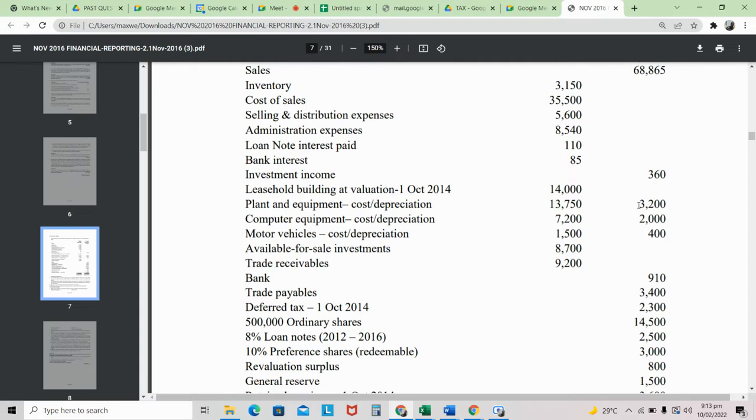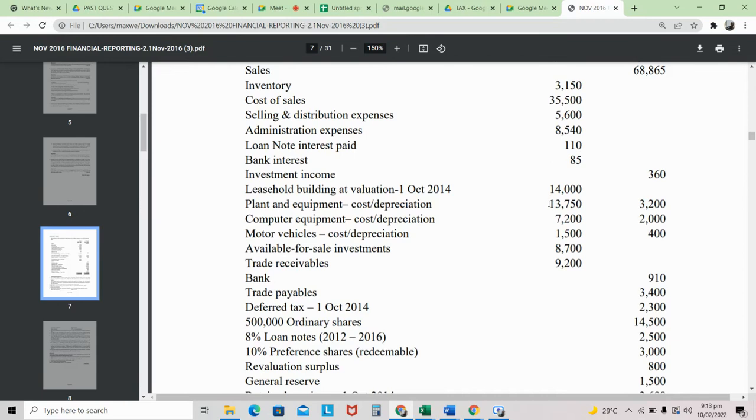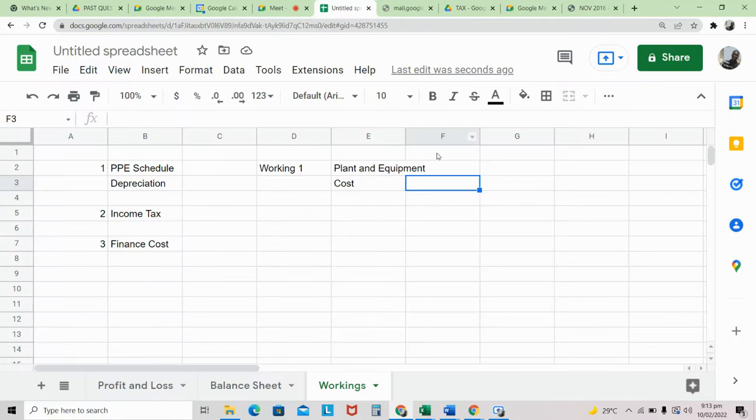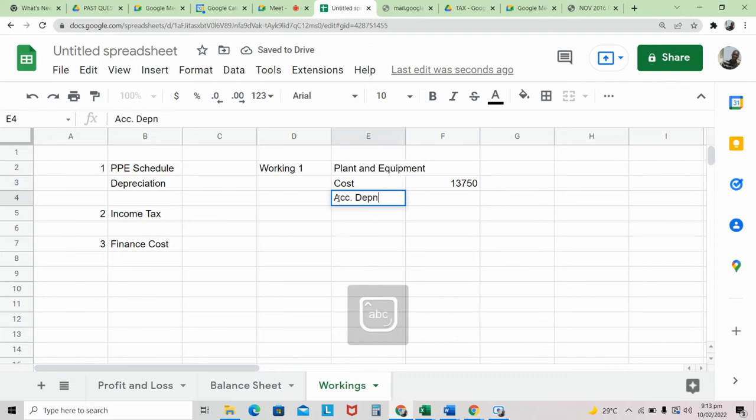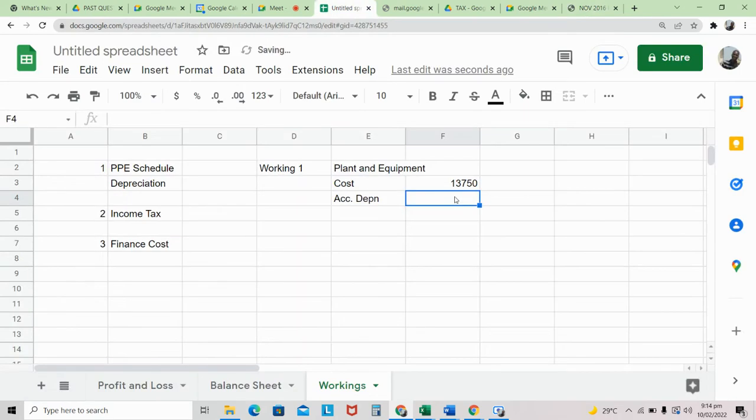And this side is the accumulated depreciation. So our cost is 13,750, you come and write it here nicely. Then our accumulated depreciation is 3,200.